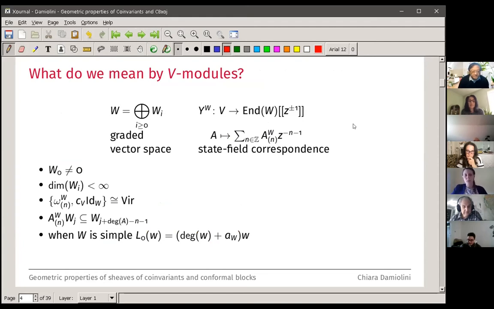Similarly to the vertex algebra V, a module over V is a graded vector space which receives an action of V, but the action is again induced by families of endomorphisms.